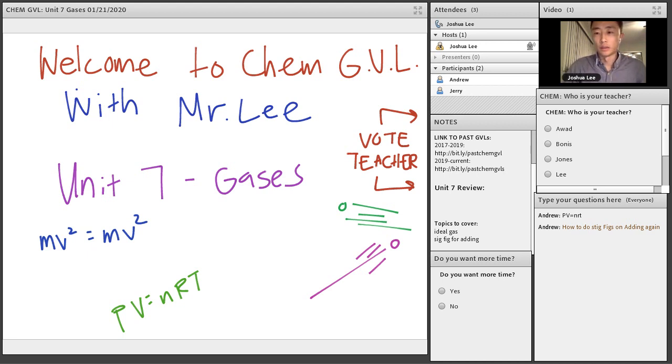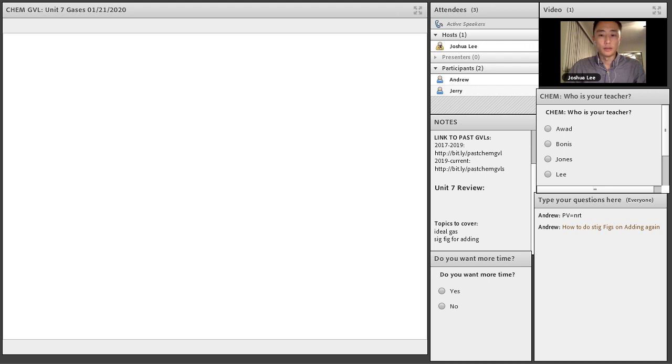All right. We'll talk about the sig figs first, just so that when we do all the other problems, we know what the sig figs are. So, adding sig figs. The easier one is multiplying and dividing.